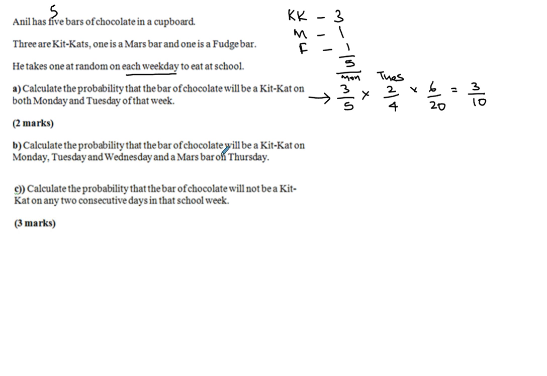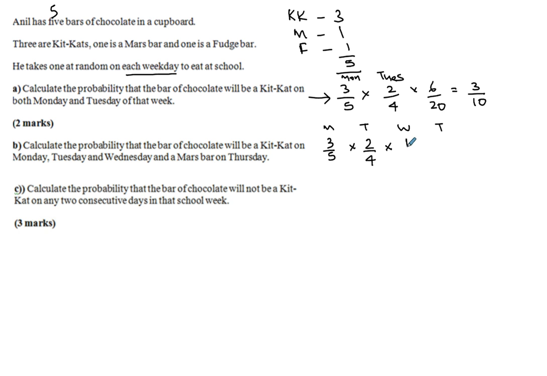Calculate the probability that the bar of chocolate will be a Kit Kat on Monday, Tuesday, and Wednesday, and a Mars bar on Thursday. So the probability of a Kit Kat on Monday is 3/5. On Tuesday, a Kit Kat, so it'll be 2 out of 4 remaining.